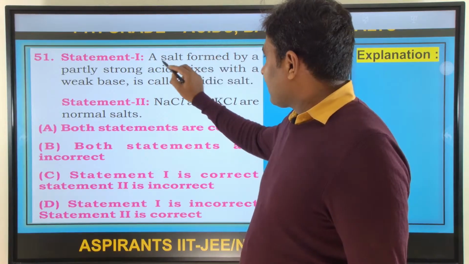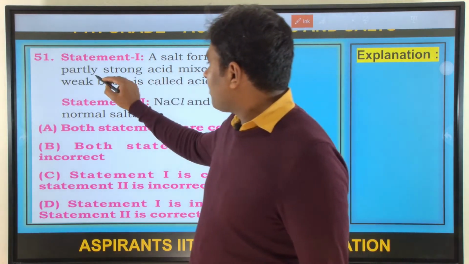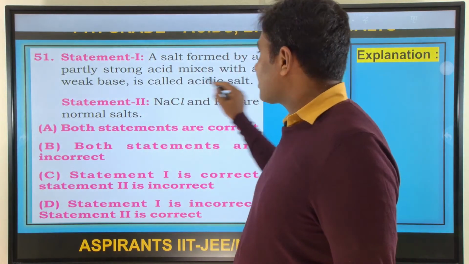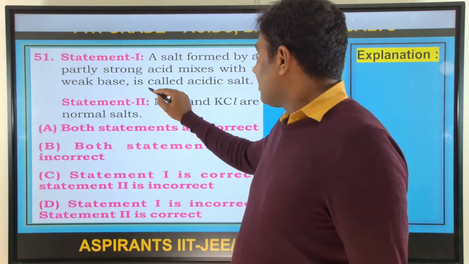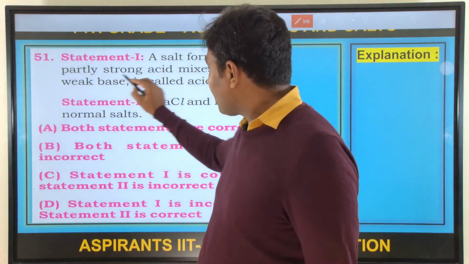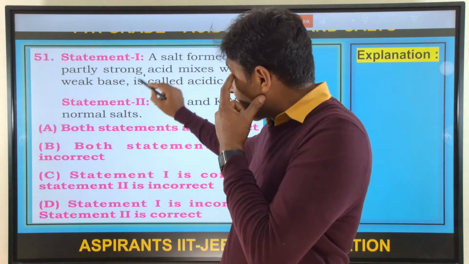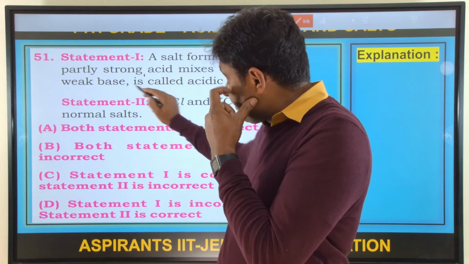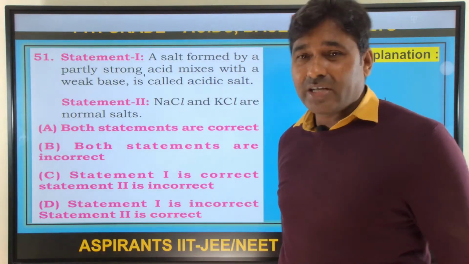Statement type questions again. A salt formed by a strong acid mixing with a weak base is called an acidic salt. A salt formed by a strong acid means a strong acid is mixing with what? A weak base. The resultant salt is what? Acidic salt. Why?